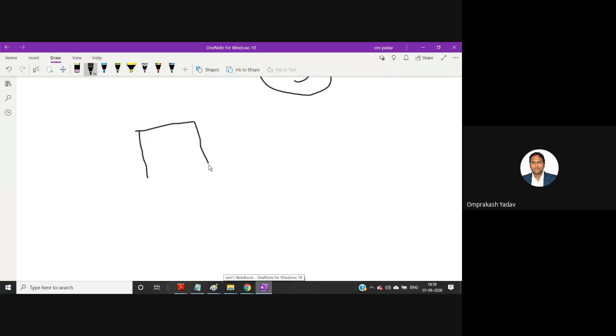See, suppose this is a square, right? And let's consider a small part of this particular square. If I want to calculate the area of this entire square, I can take, let's say, the length is 0 to 2, so all the sides are 2.